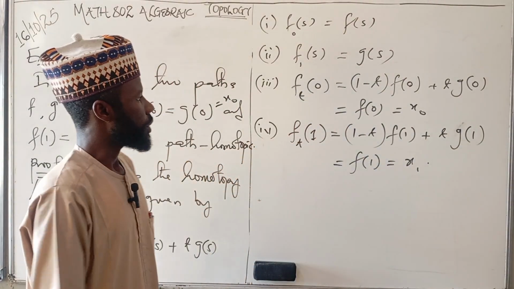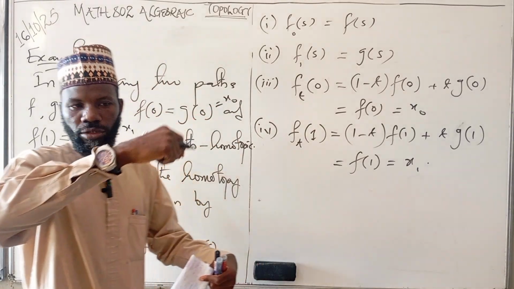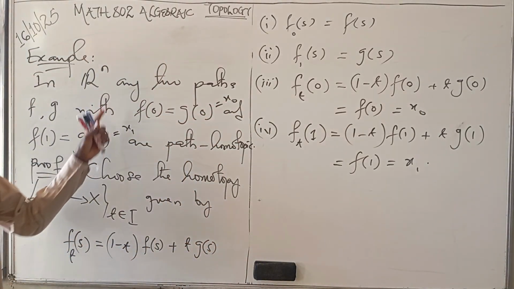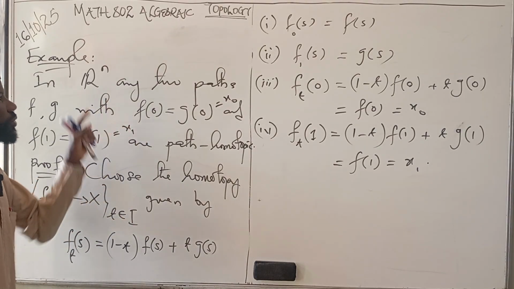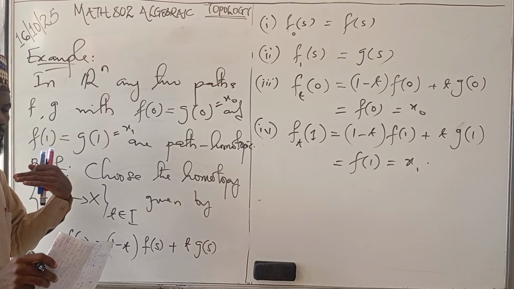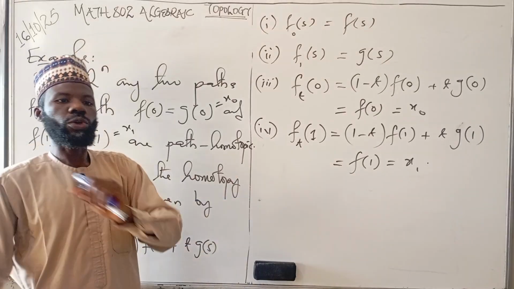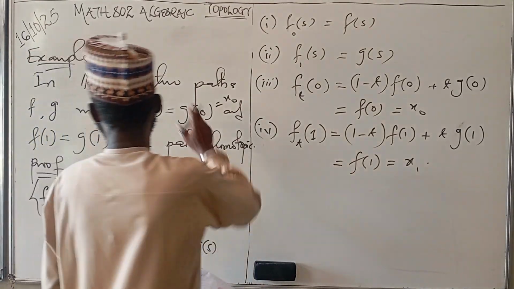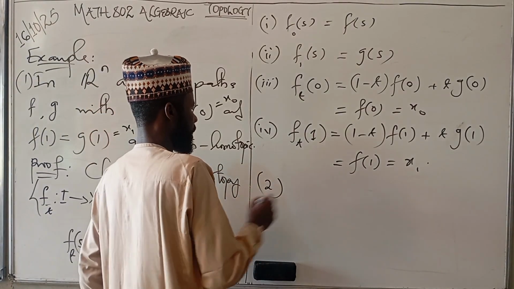So the homotopy is independent of t at the end points 0 and 1. Therefore, this is a homotopy connecting F and G, and it is relative to the end points they are sharing. So in Rn, if you take any 2 paths sharing the same ends, they are always homotopic.